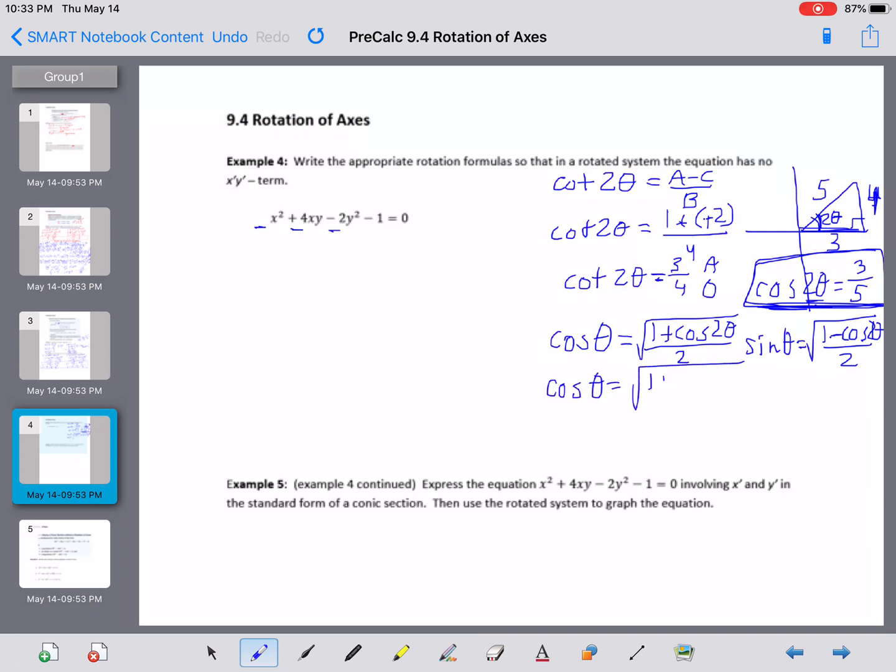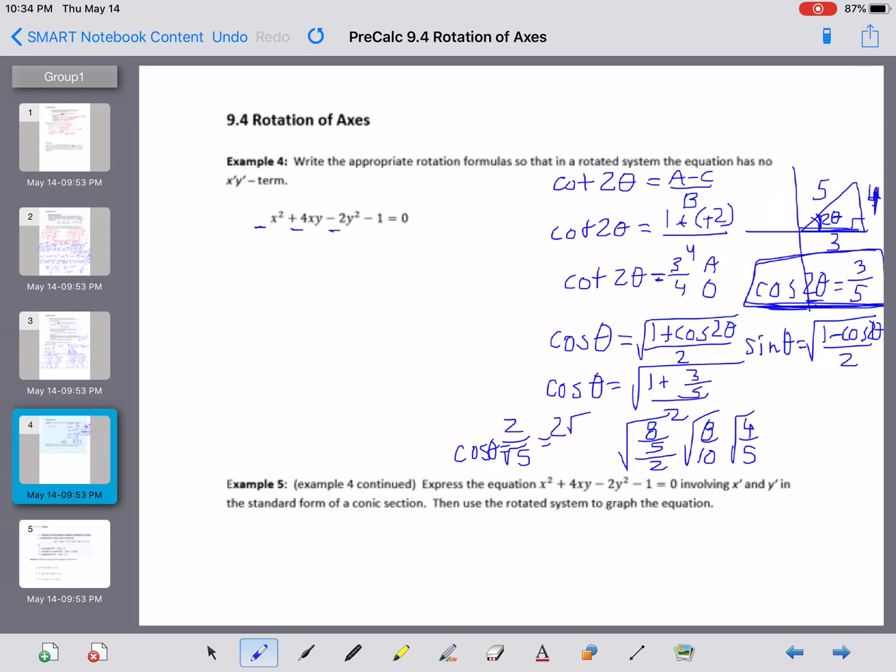Just some algebra, right? 1 is 5 over 5, plus 3 over 5 makes 8 over 5 all over 2, which is 8 over 10, which simplifies to square root of 4 over 5. The square root of 4 is 2 over square root of 5. And if I rationalize that, I'm going to get 2 radical 5 over 5. Wasn't that pretty?